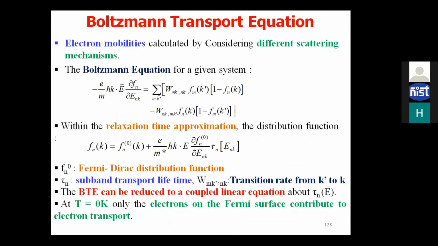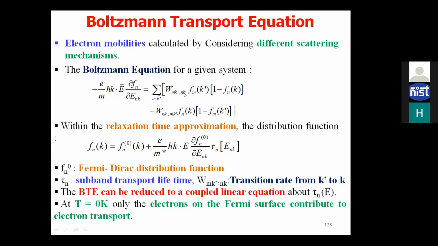Now, the electron mobility can be calculated by considering different strategies, as I already told, which is by solving the Boltzmann transport equation. If you see, there is an electron which is at initial position k in subband n. That means an electron before scattering is initially at position k in subband n.